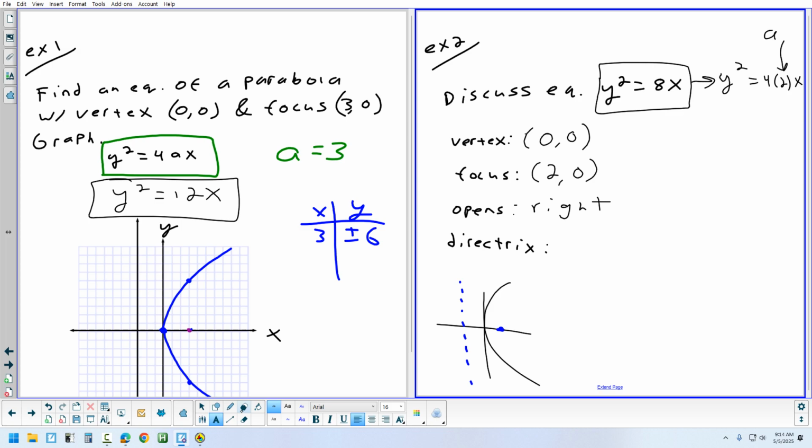So it has to be vertical, and it has to be symmetrically placed on the other side of the vertex. So x equals -2. And that's the 4 things that I want you to describe when I ask you to describe a parabola. Any questions how we found any of those?